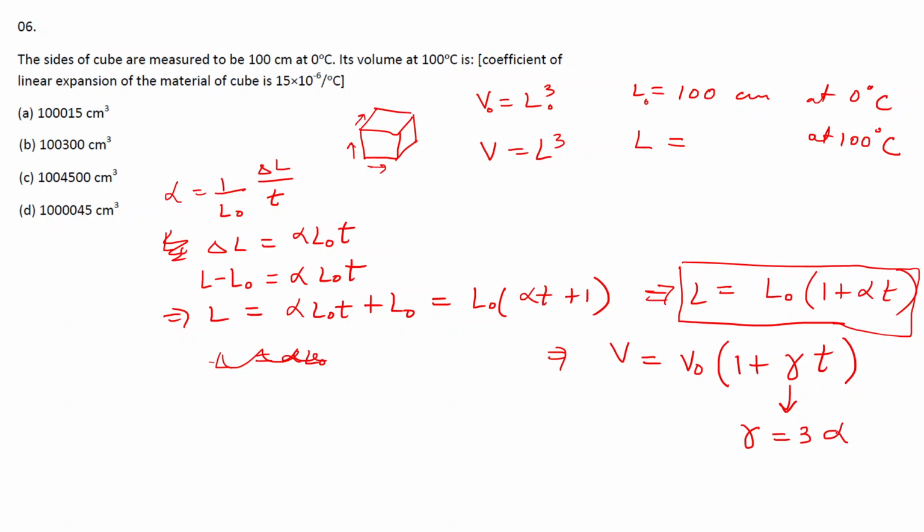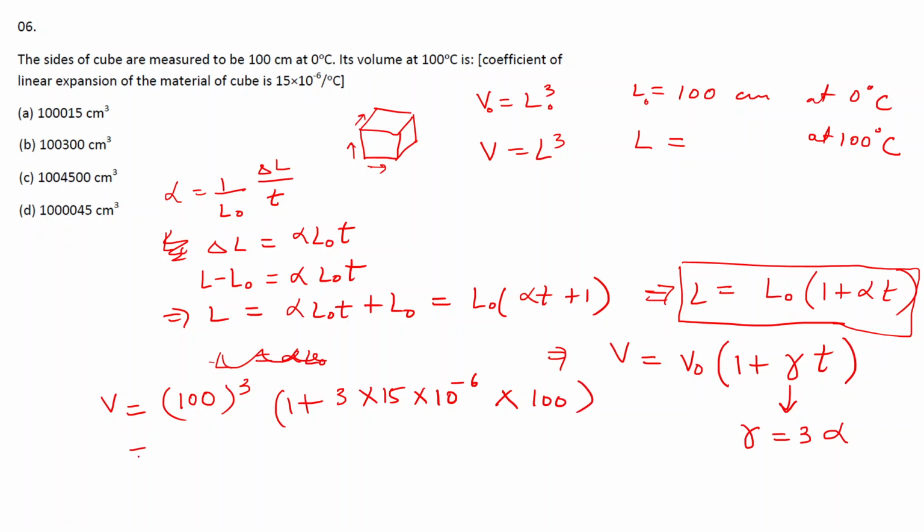It's not alpha cube but 3 times alpha. So using this formula directly, this is a known established thing. So the volume that we want to find out will be L naught cube, cube of 100, and then 1 plus gamma, which is 3 times alpha. 3 times the alpha value is 15 times 10 to the power minus 6, and the temperature difference is 0 to 100 degrees centigrade, means 100 degrees centigrade.